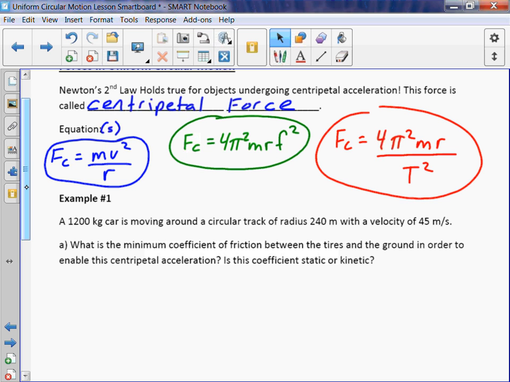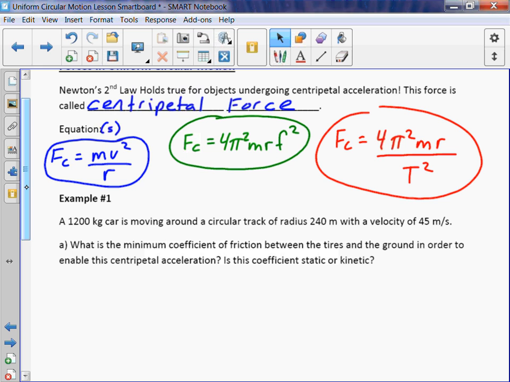If you're in a car and all the windows are blacked out and you can't see outside and you go around a sharp corner, you wouldn't know you're going around a sharp corner. All you would feel is that you're being pushed outwards. That outward force is the apparent centrifugal force, but that's only for a person in that reference frame, that non-inertial reference frame, because it's a changing velocity.